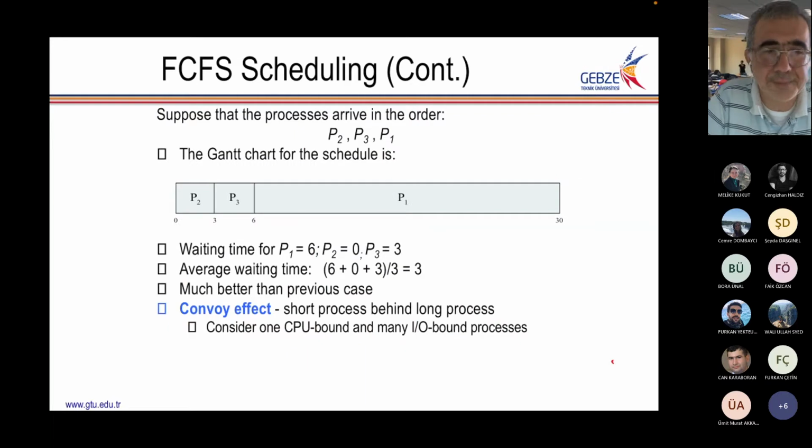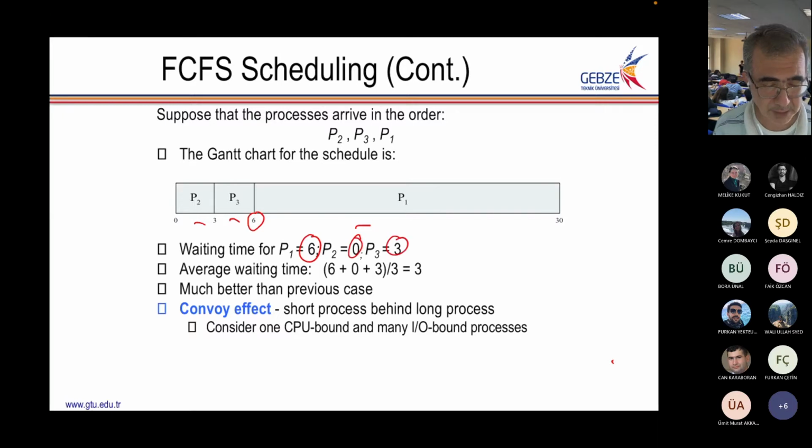So if the operation is the other way around, P2, P3, P1, average waiting time for P1 is 6. Waiting time for P2 is 0. P3 is 3. So average waiting time for the system is 3. That's very nice.